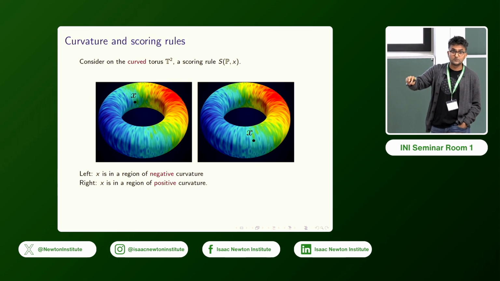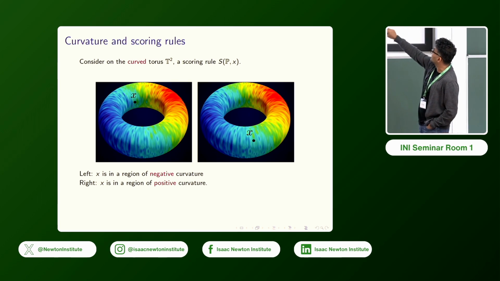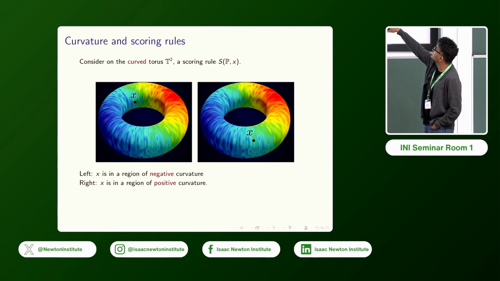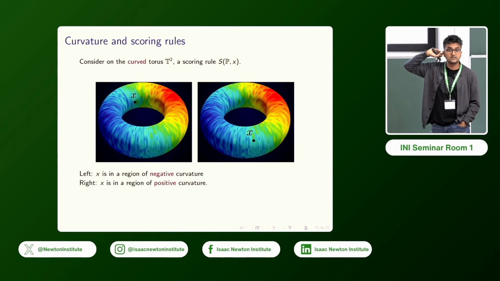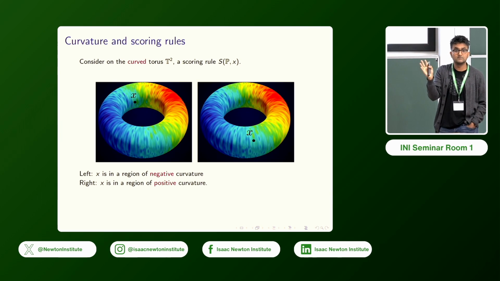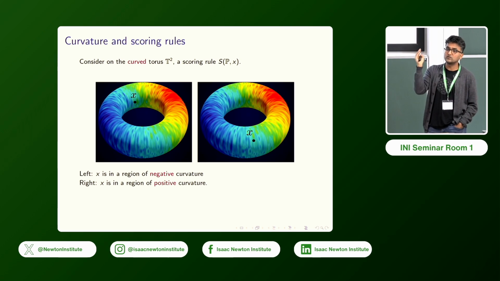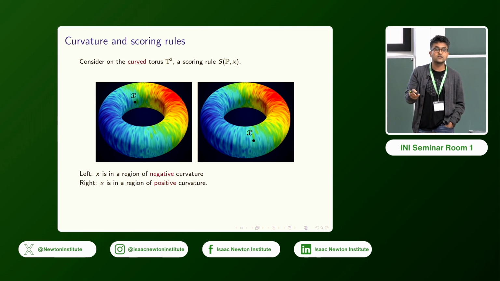For the same distribution, the colors, this heat map of the densities, show that the densities are roughly the same on the inner and the outer sides, but the curvatures are different. Do we want the score to reflect this? Do we care? Or do we just care that the density is whatever it is, if you're looking at a log score? It's not immediately clear what one would want.